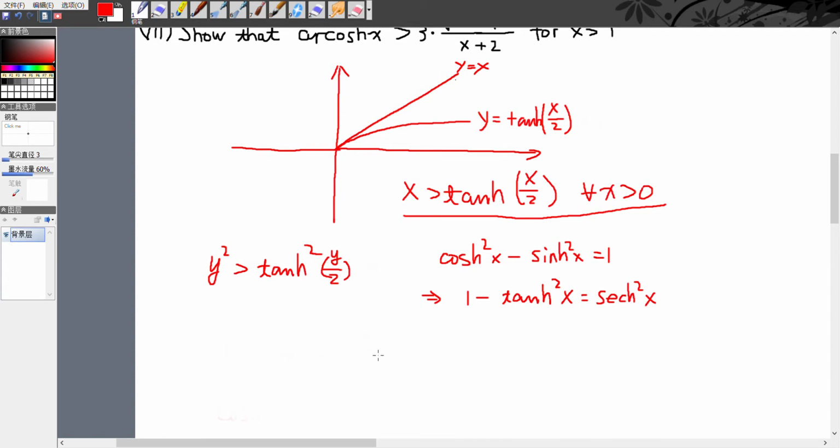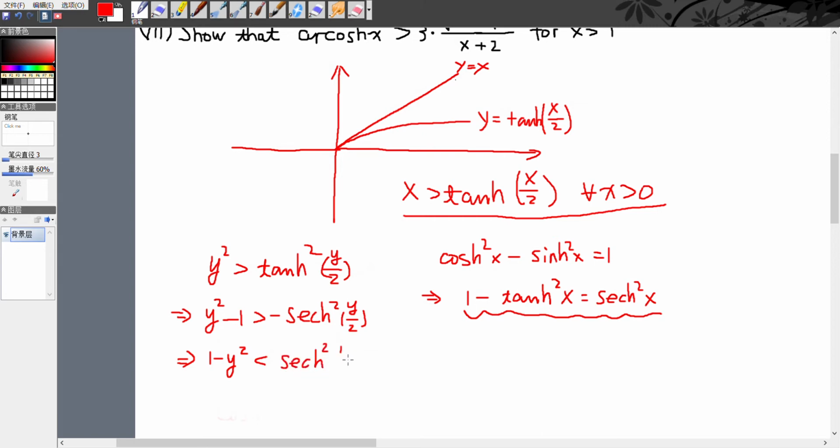By applying this identity to our inequality, we will have y squared minus 1 is bigger than negative sech squared y over 2. Multiplying the negative sign to the left hand side, we will have 1 minus y squared is smaller than sech squared y over 2.